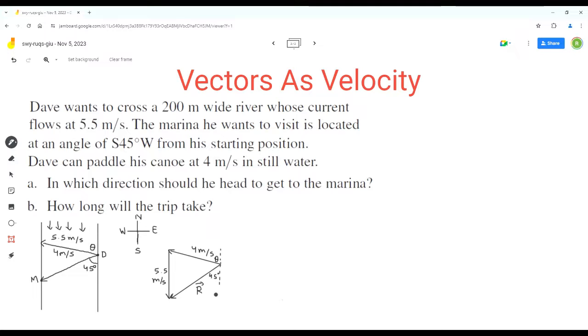Now in this triangle, this bottom corner angle is 45 degrees because of this Z pattern. Similarly, the top angle in the triangle is equal to theta because of the Z pattern. Now the next step is to find this angle x, or the third angle in this vector triangle.